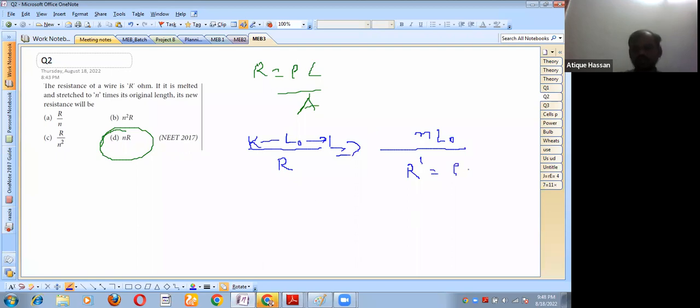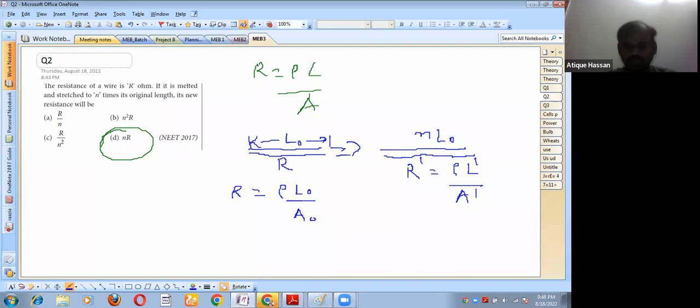So what will be R dash? R dash is rho L dash by A dash. If you stretch a wire, its area of cross section will also change. Suppose the initial length is L0 and the initial area is A0.